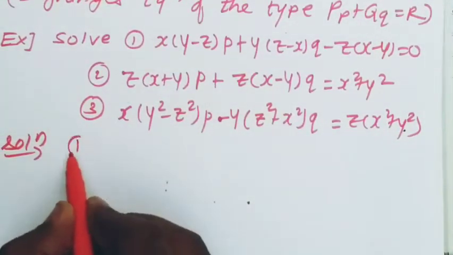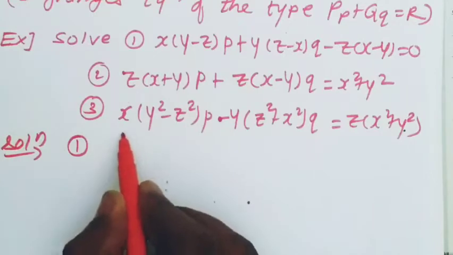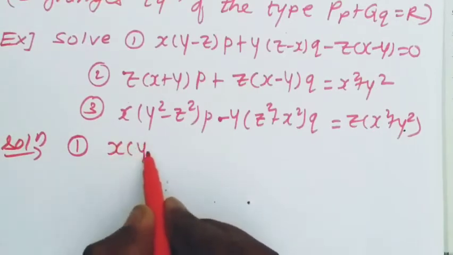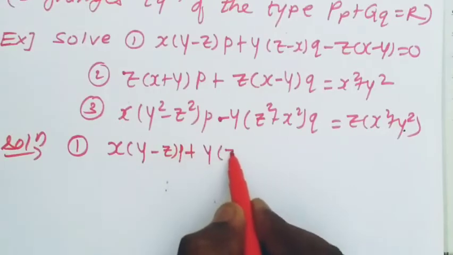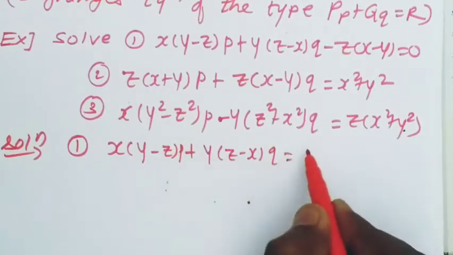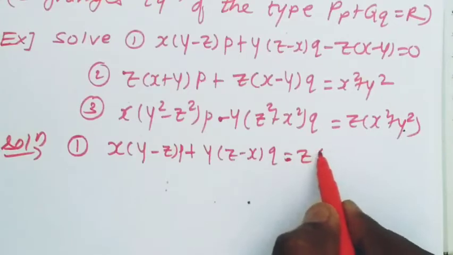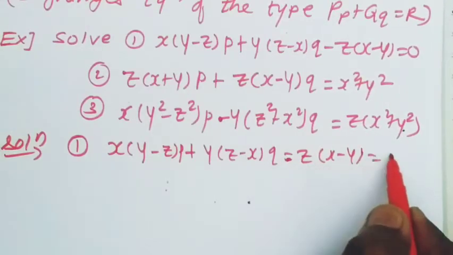So let us start with the first problem. The given equation is x into (y minus z) p plus y into (z minus x) q minus z into (x minus y) equal to 0.